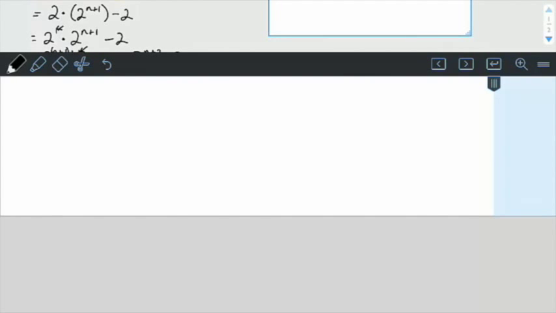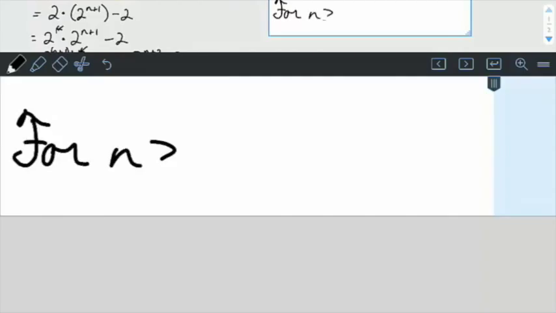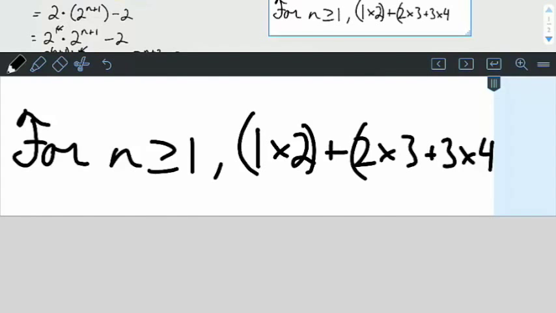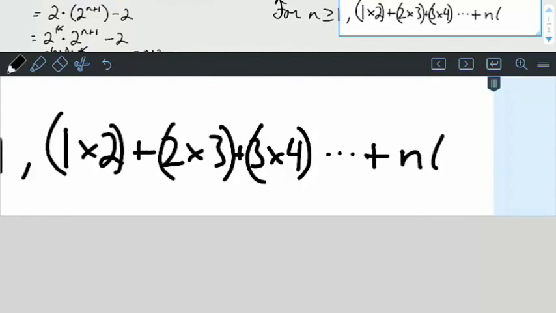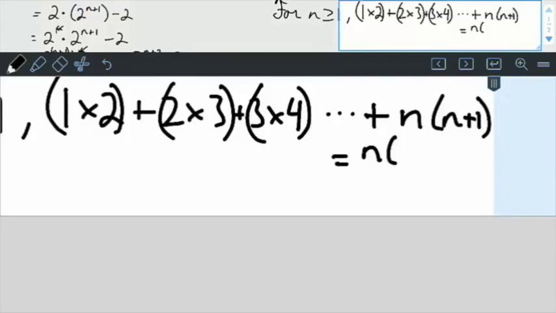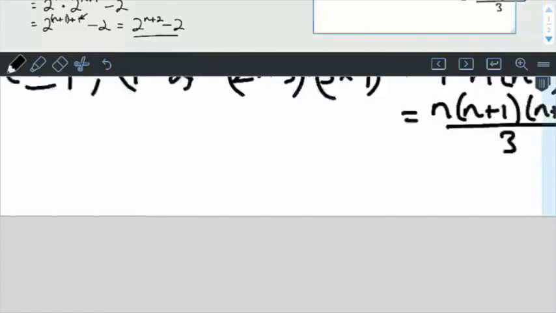Our last example is a little bit trickier. It states that for all n greater than or equal to 1, the formula that you can use to solve this sum is n times n plus 1 times n plus 2, all divided by 3.